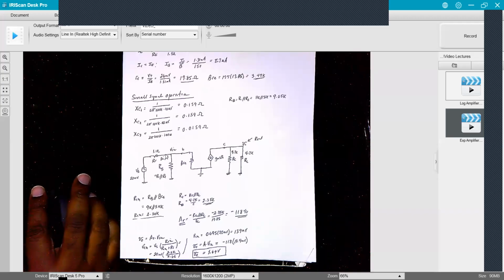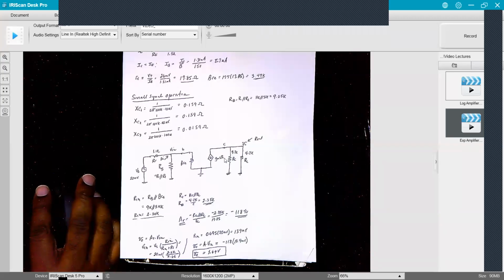So here's our small signal model. Here's our base, collector, emitter node here. We have beta RE, GM times VB. This node is VB. Here's my collector node, and from there I have RC in parallel with RL to AC ground. The capacitor across CE makes this a short, so it looks like the emitter terminal goes straight to AC ground.